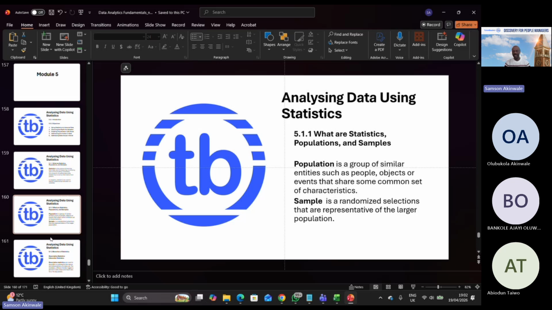So, gone are the days that you would have to study that entire population before you can make some adjustment or some suggestions about that particular data set, even though that process is still in place till date. But an advancement has been made in the field of statistics such that you do not necessarily have to study an entire population before you can work on it and derive some insight from it, because a lot of time the population is extremely large.